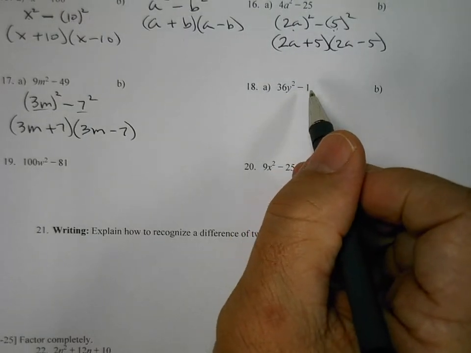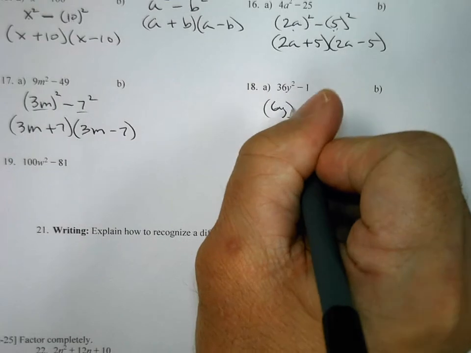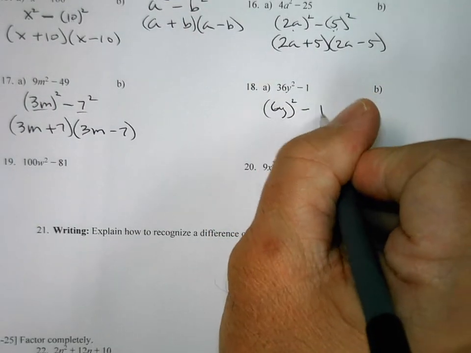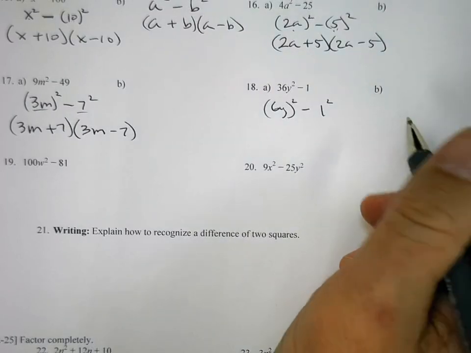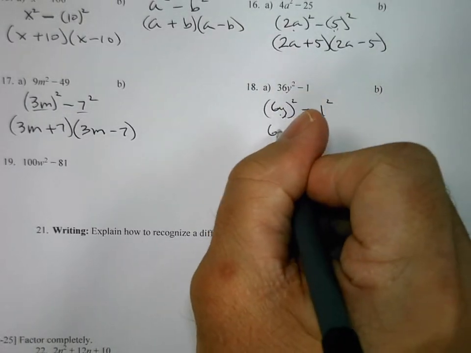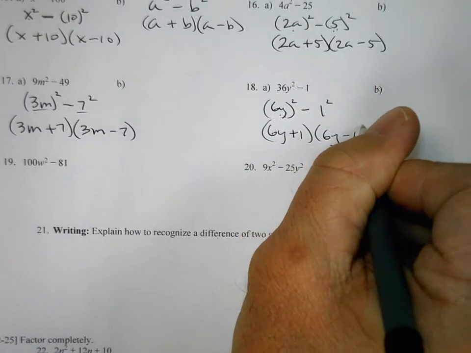Okay, 36y squared minus 1. Well, that can be 6y squared. 6y squared is 36y squared, and this one's tricky. 1 squared is 1. So a plus b times a minus b, or 6y plus 1 times 6y minus 1.